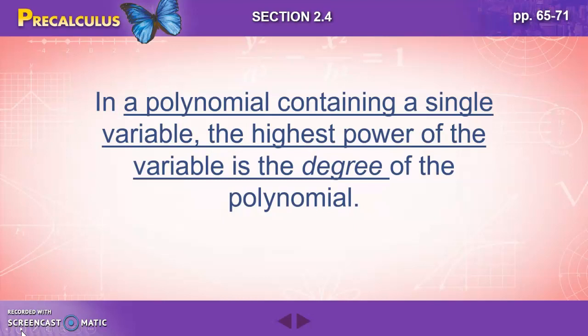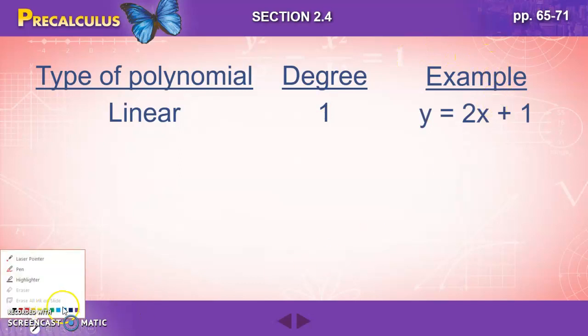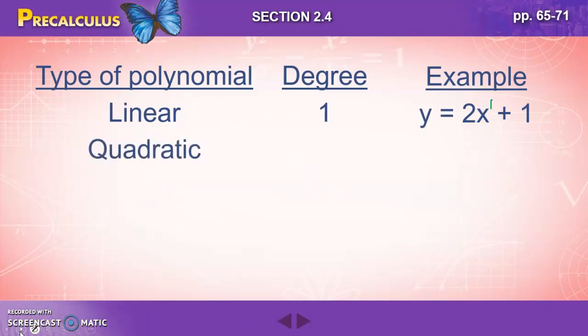In a polynomial containing a single variable, the highest power of the variable is the degree of the polynomial. So in a linear polynomial, where our x has an exponent of 1, that is the degree of the whole polynomial. In a quadratic polynomial, our x has an exponent of 2, therefore our degree is 2.